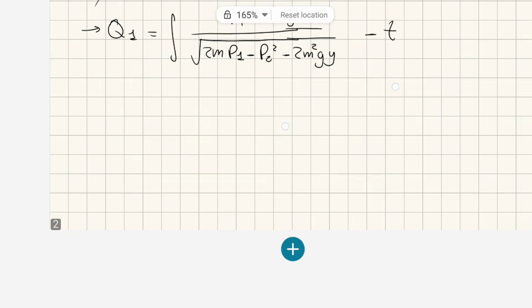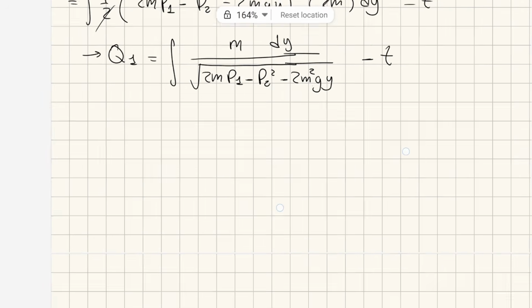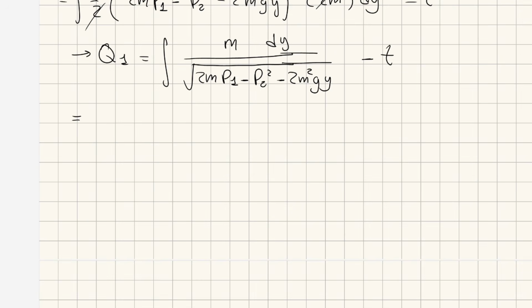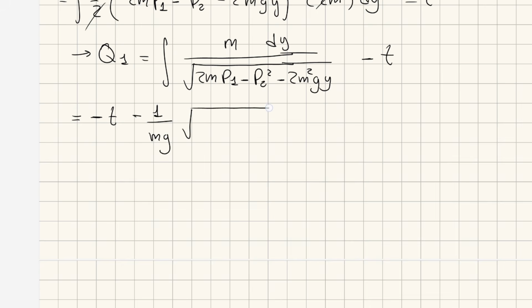I'm not going to solve this integral because I think that is not necessary, but I'm going to tell you the result. Remember, it's just an integral of y. It shouldn't be so hard, but the result is minus 1 divided by mg, times the square root of 2m p1 minus p2 squared minus 2m squared gy. So this will be q1. Perfect.